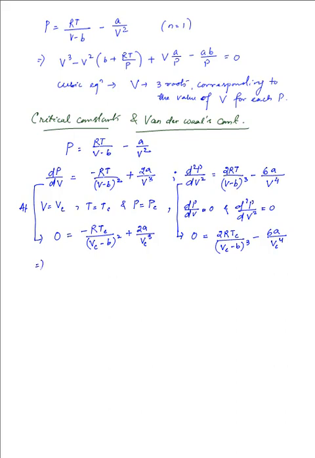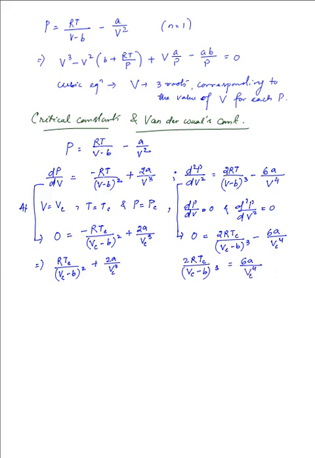So we take the RTc over (Vc minus b) whole squared, and this is now 2a over Vc cube, and in case of this one, 2RTc stays on its side, and the other one goes to the other side. We are getting 6a over Vc to the power 4.